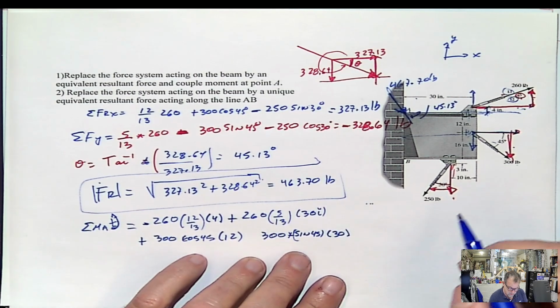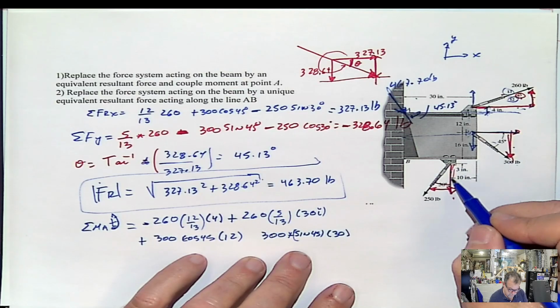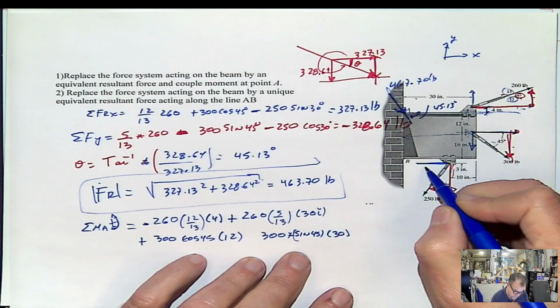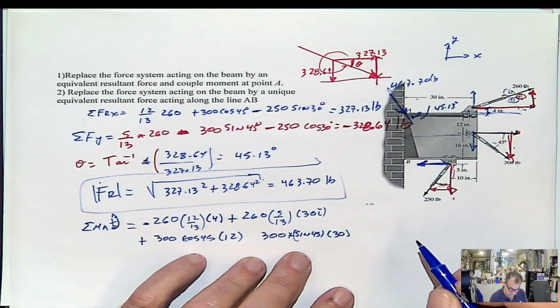inches. And last but not least, we have this force. We have the horizontal component, which is this one.